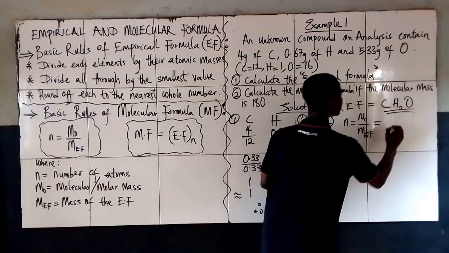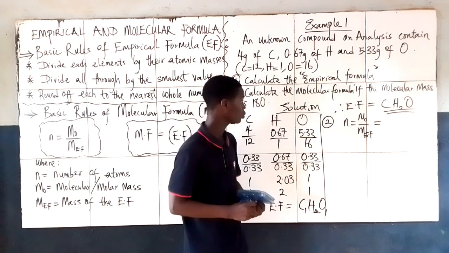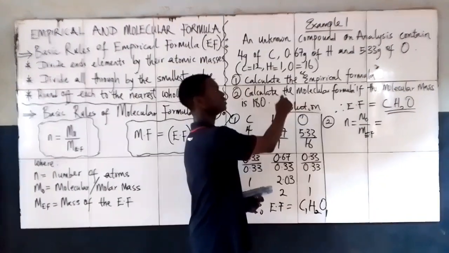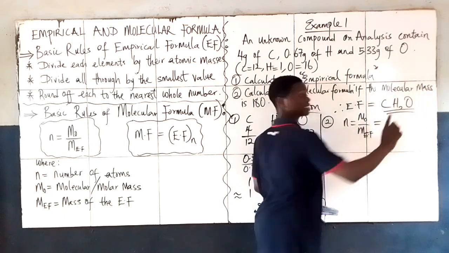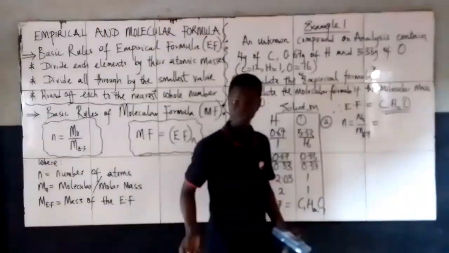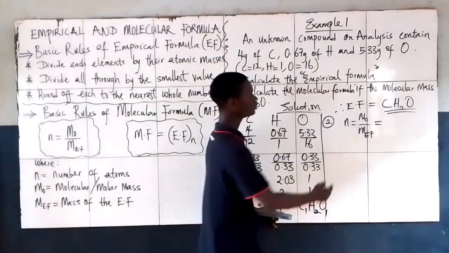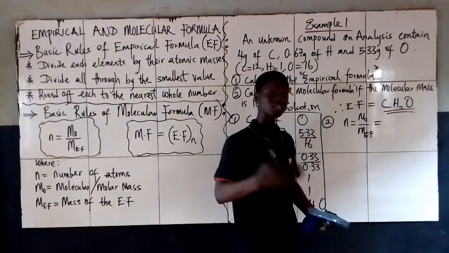Now, do we know the molecular mass of the entire compound? Was it given in question 2? Let's check. Calculate the molecular formula if the molecular mass is 180. So we have this as 180. True or false? True. Do we know the mass of the empirical formula?